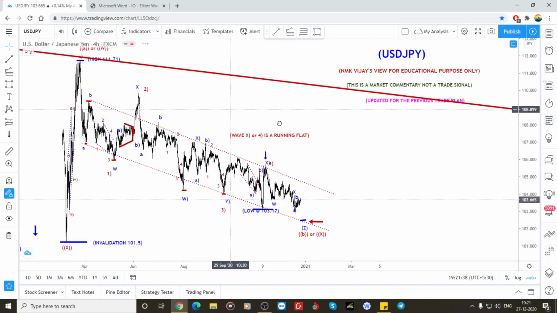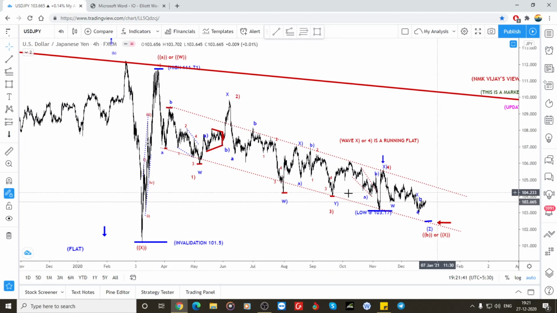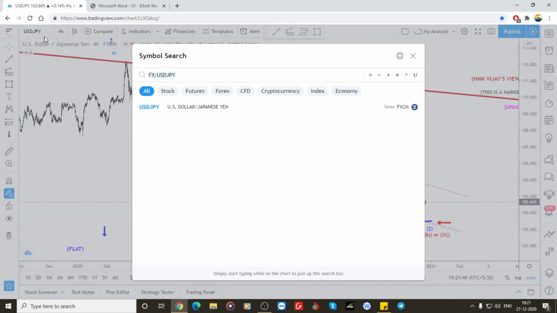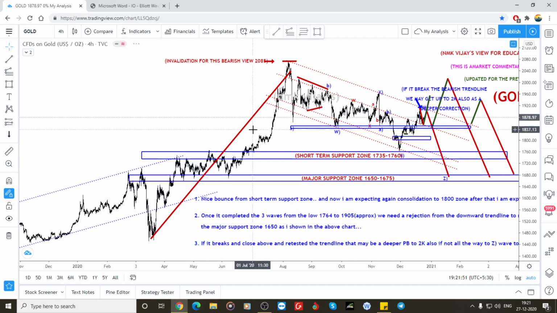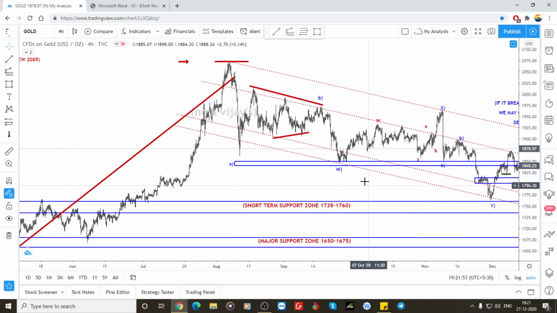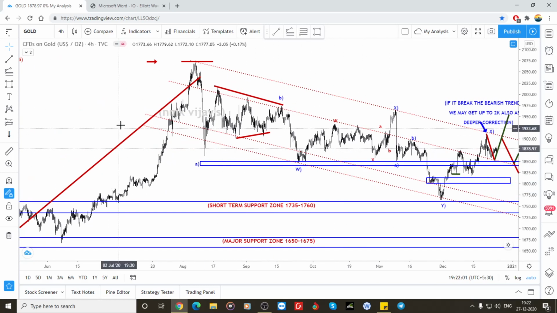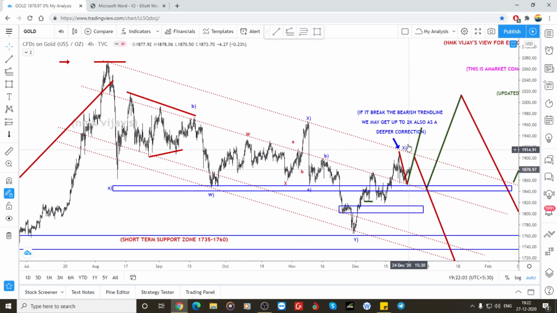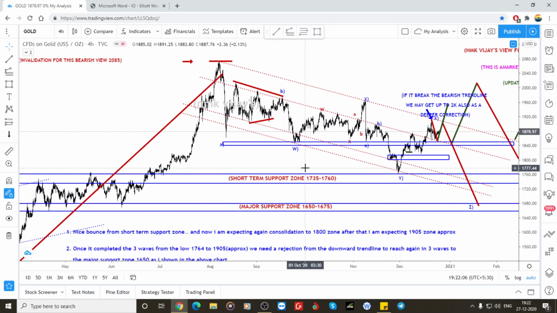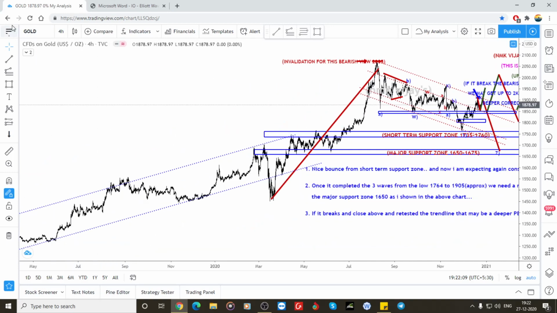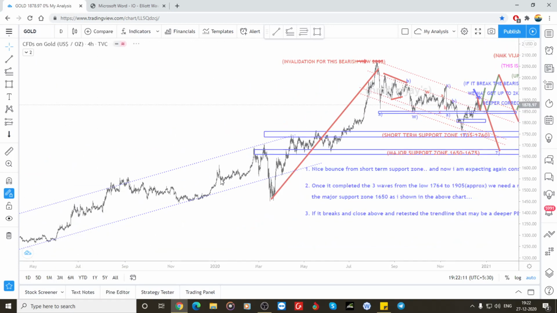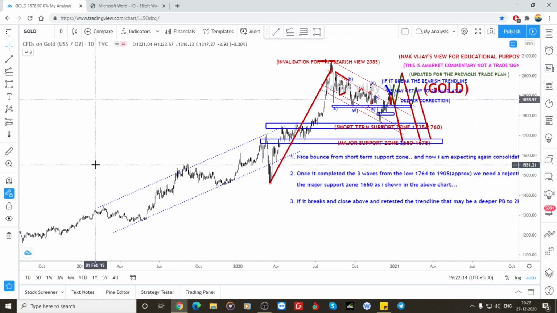Here is the perfect channel. It is trading in this channel, and we already saw that. One more thing in the gold, here it is in the channel. The median line is a down trend line, working within the channel, and here also the channel.